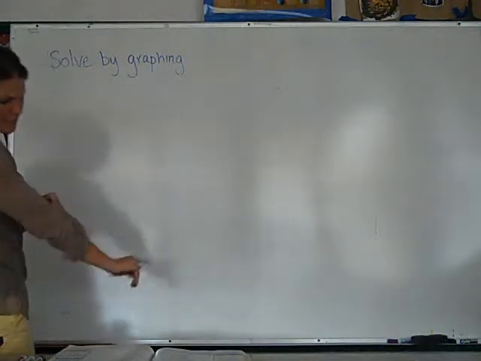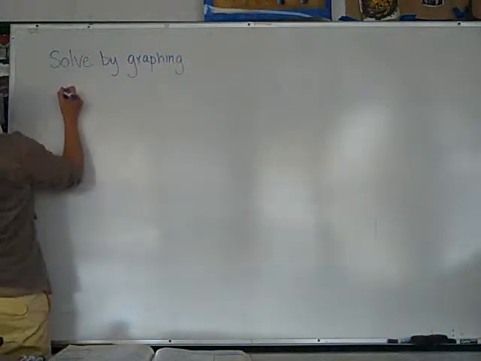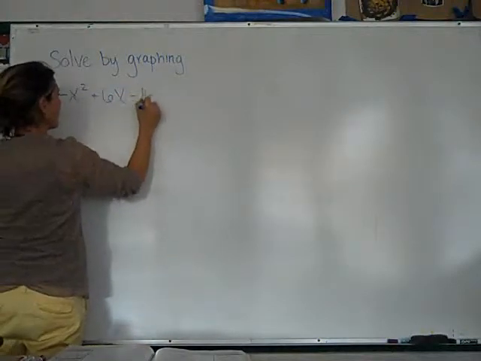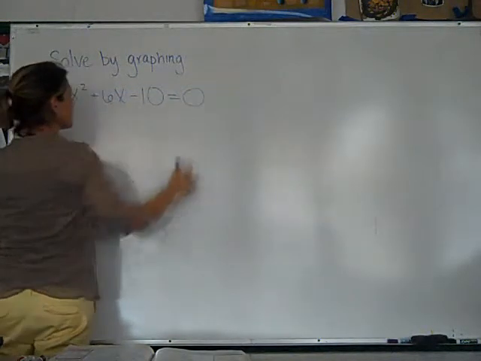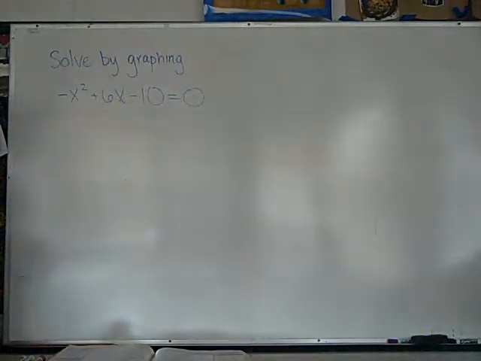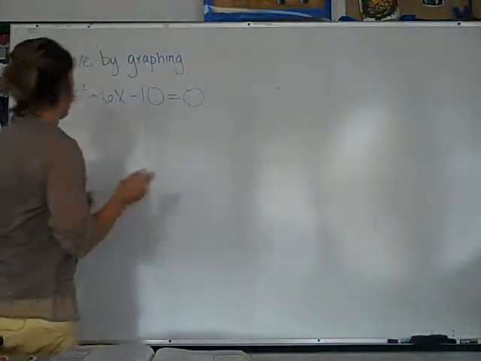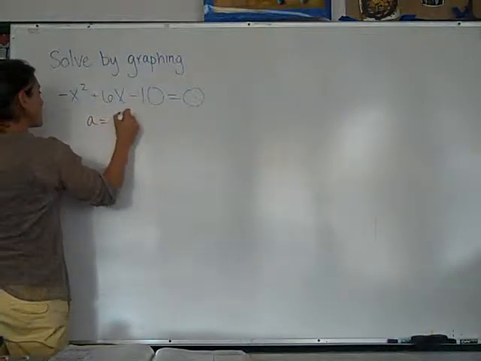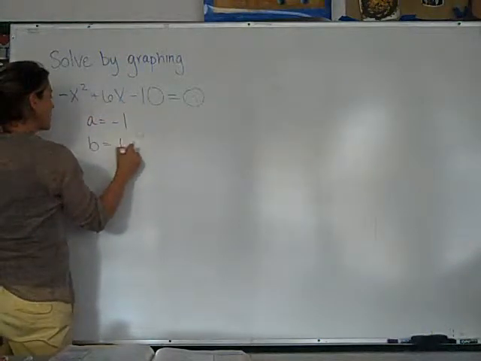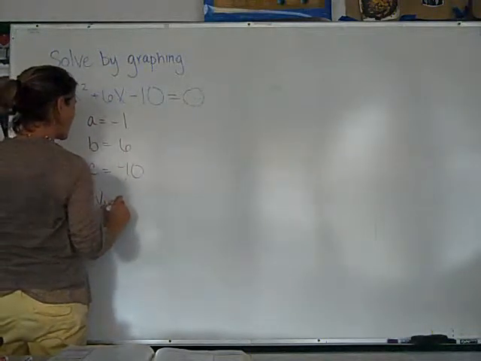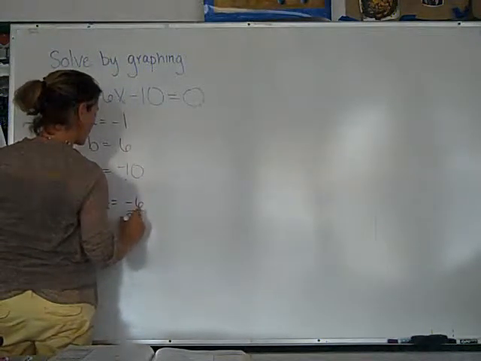Negative x squared plus 6x minus 10 is equal to 0. Okay? So the first thing we want to do, find a, b, and c. So a equals negative 1, b equals 6, c equals negative 10. So my vertex x, negative 6 over 2 times negative 1.